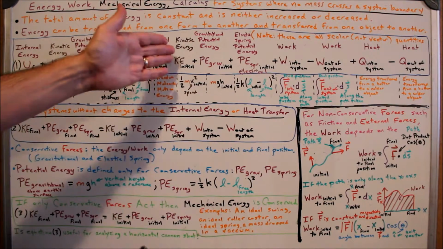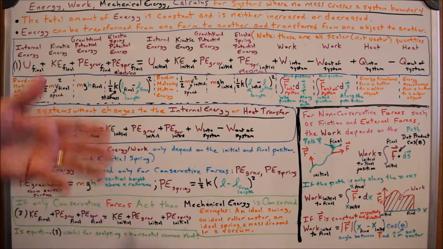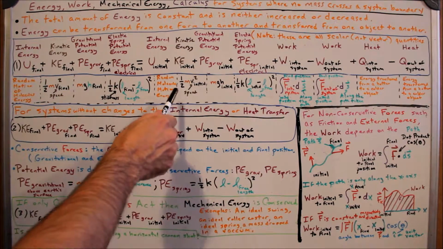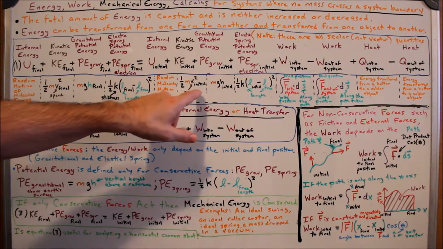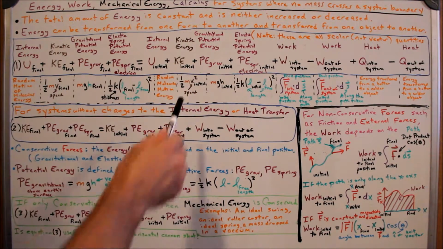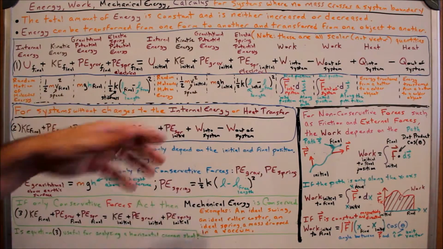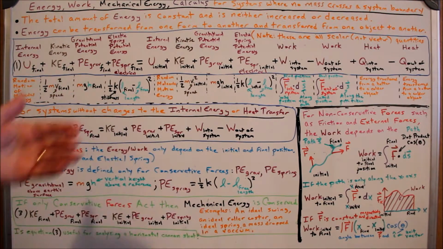And then I could have some kinetic energy. The kinetic energy of my system is, for each object in the system, 1/2 the mass of that object times its initial speed squared. If I have a velocity and I square it, it becomes a scalar, so therefore a speed.